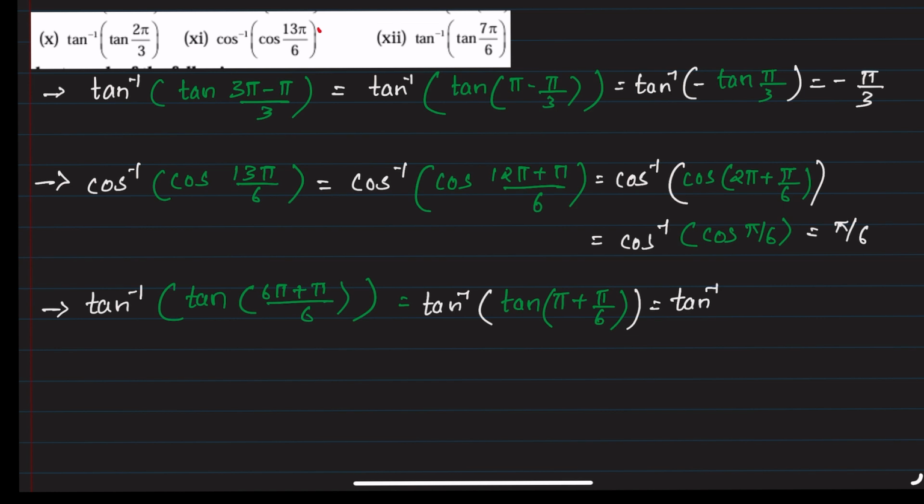Pi plus theta is in the third quadrant, where tan is positive, so equals tan pi by 6, which is equal to pi by 6. Final answer pi by 6.